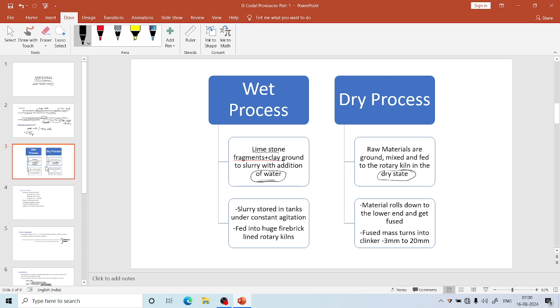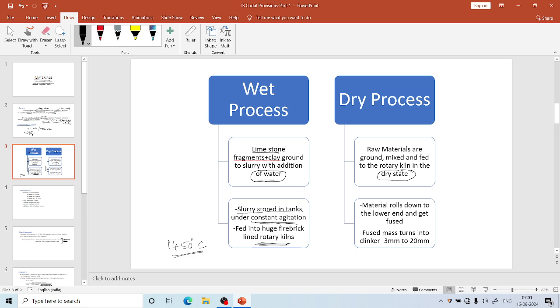In the second step of the wet process, this slurry is stored in tanks and kept in constant agitation, because the heavy particles of the raw materials will settle down and lighter particles like water will come up. After storing them under constant agitation, we feed them into rotary kilns, where the temperature is maintained at around 1450 degrees centigrade for fusion to take place.